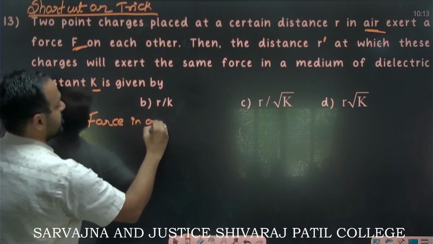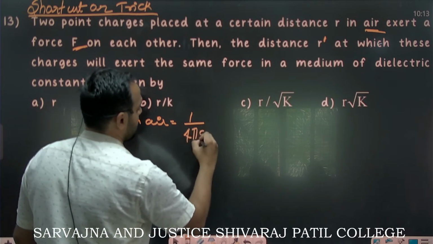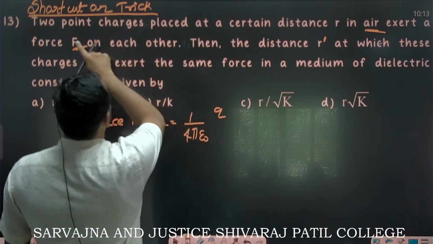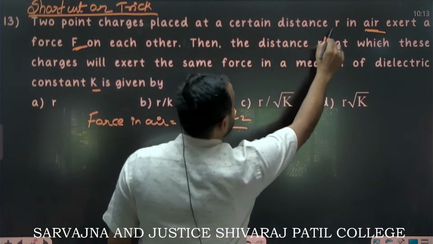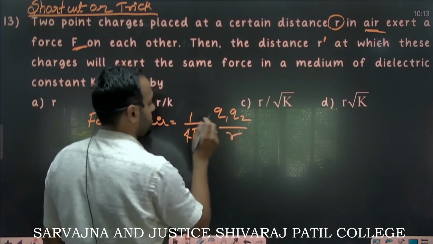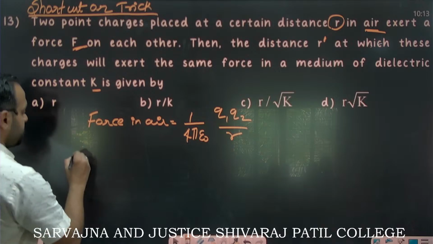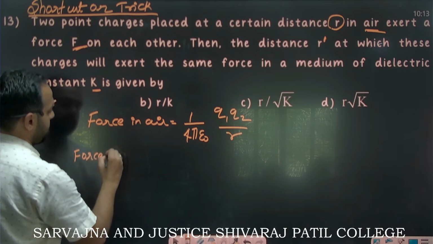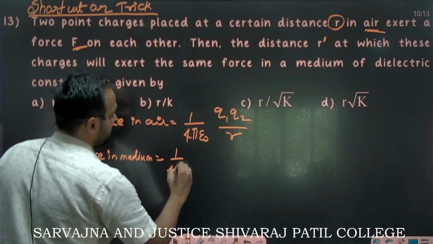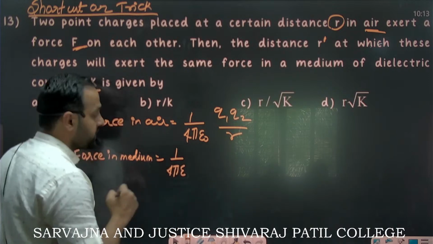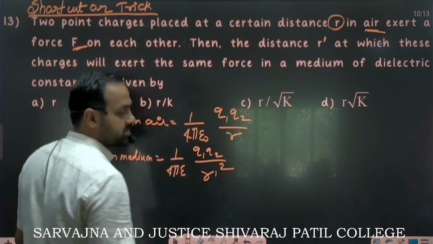So force in air, how will you write it? Force in air, I have told, we'll write as 1 by 4 pi epsilon naught into Q1 Q2, the two point charges, divided by the distance in air, which is R square. We'll write it like this. And the same force in the medium, how will you write it? 1 by 4 pi epsilon of the medium into Q1 Q2 divided by R dash square.